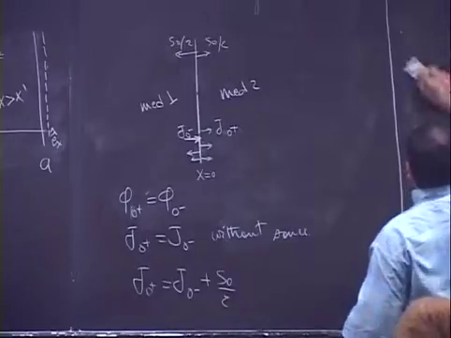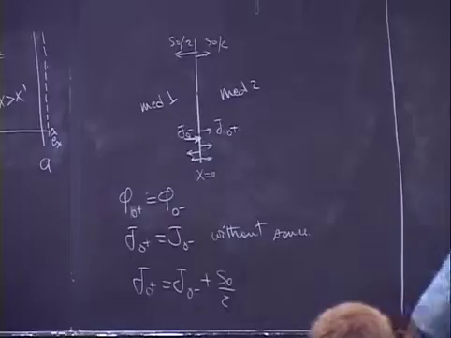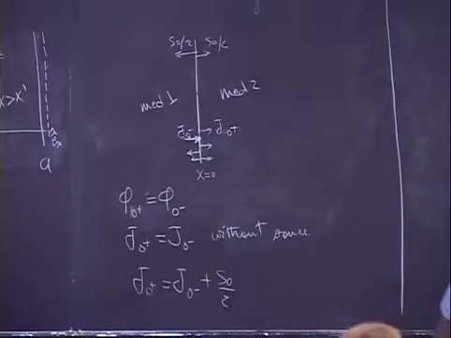Now, to solve this equation, you have to solve it for two cases, for phi plus and phi minus. Plus means you are on the side greater than the source, and minus means you are on the side where you are less than the source.